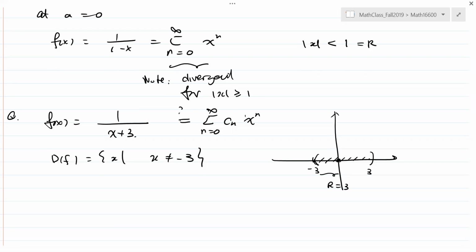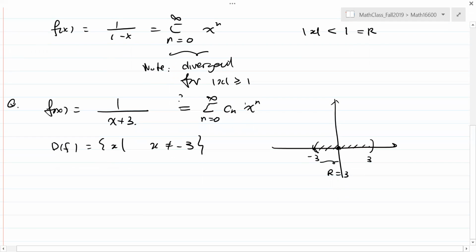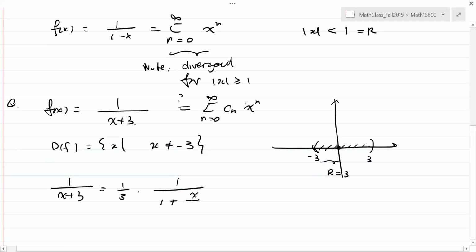Okay, let's do it. How can I do it? Well, I use the above formula, but then I have to modify it. For x plus 3, I have to make it look like the above one. I take 3 out, and I get 3 times 1 plus x over 3.